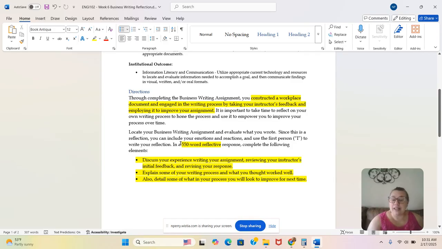Another key aspect is the word count. That is something that I think we've been struggling with overall, is paying attention to those word count requirements. In every class you're going to have some word count requirements, whether it needs to be at least this many, which is this one, at least 550, or sometimes it's going to be a range, like in the quiz that you had from last week, where it was 50 to 100 words, and if you were outside of that range, then you lost points.